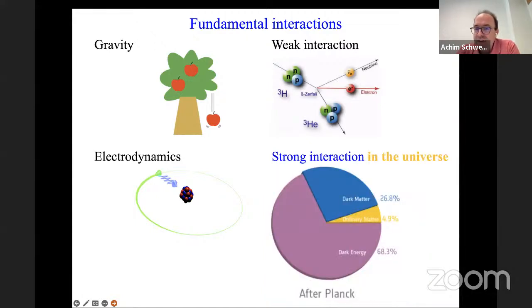Actually this interaction is entirely responsible for the ordinary matter in the universe, for the energy budget that goes into ordinary matter. This is all QCD physics. And so in this talk, while I will focus on the strong interaction physics side here at the beginning, we want to use later what we know about nuclear physics and strong interactions, how it plays out for dark matter direct detection.